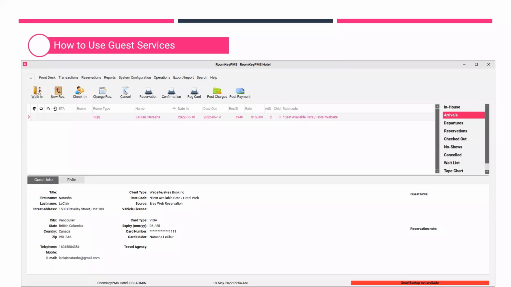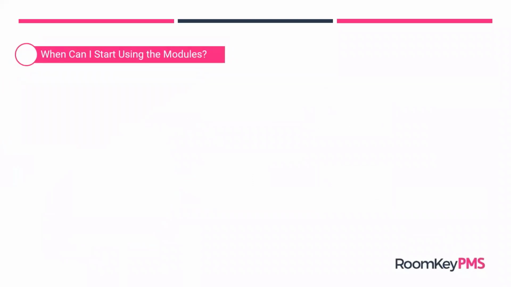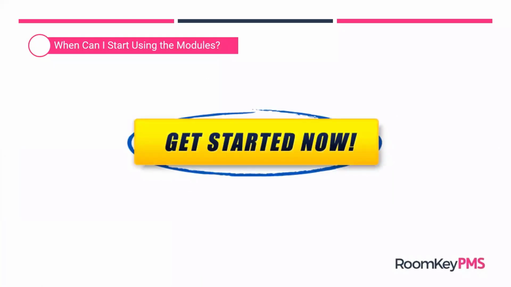Now I'm going to go back to our presentation to wrap up our items for today. We've taken a look at two separate modules, the Packages and Inclusions module and this Guest Services module. And a big question you might be asking is, when can you start using these? You can actually get started right away. These modules come standard with every RoomKeyPMS database.